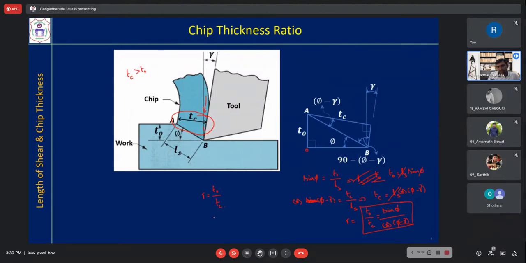And let us say if r, the chip thickness ratio, is less, then in the first case they are close to each other, T0 and TC are very close to each other.